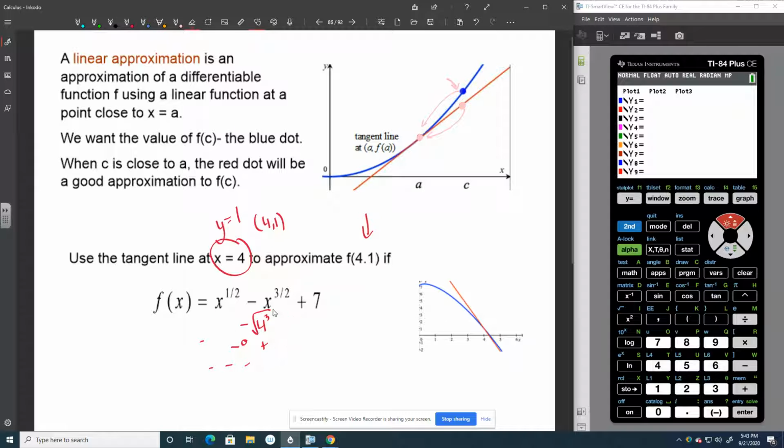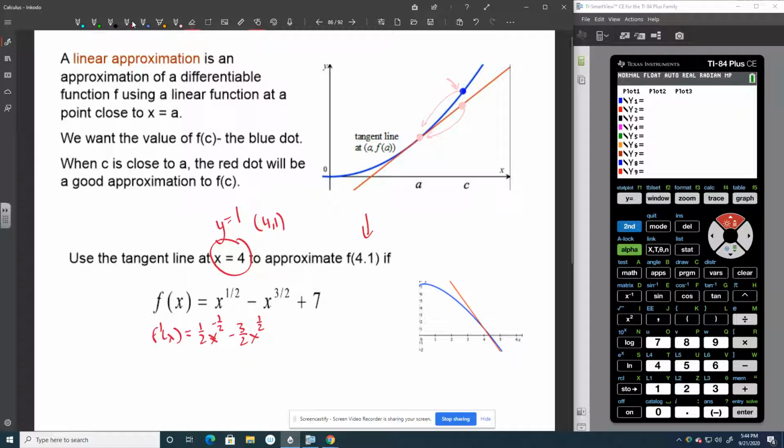So let's go ahead and clean some of this up, just get it out of the way so that I can work in the same area here. So let's take the derivative of f of x. So f prime of x is going to equal x to the 1/2 becomes 1/2 x to the -1/2, minus 3/2 x raised to the 1/2, plus 7. Oh, well, no, that plus 7 goes away.